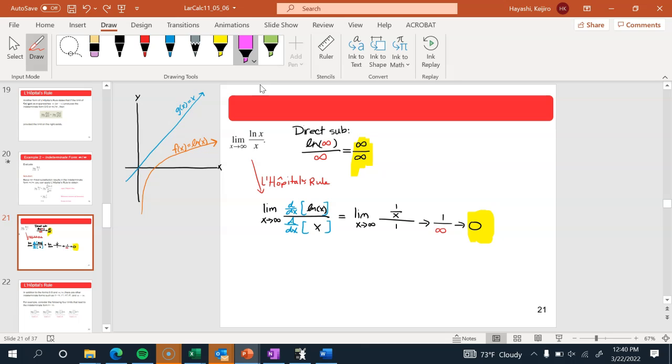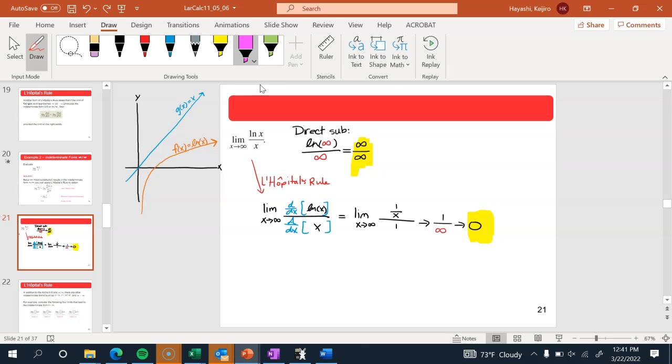The denominator is growing much faster than the numerator is, so the denominator dominates the whole thing, and it causes this quotient to shrink as you go off towards infinity, because the denominator is growing so much faster than the numerator is.